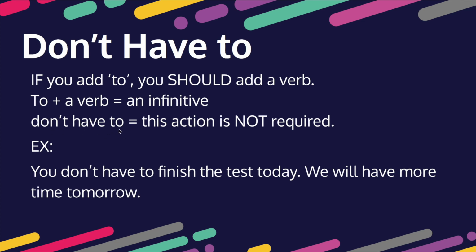Don't have, that just means you have none of a noun. But don't have to plus a verb, that would mean that this action, whatever the next verb is, is not required. It's optional.